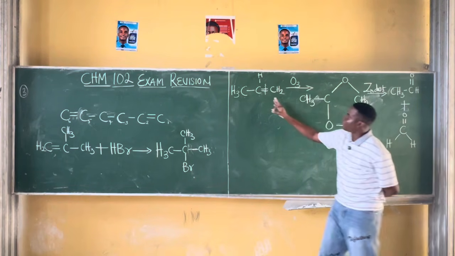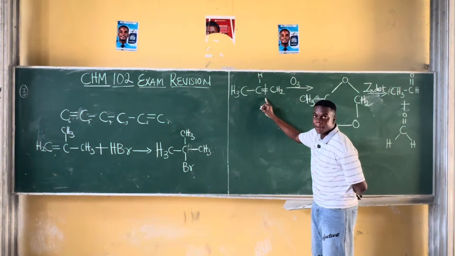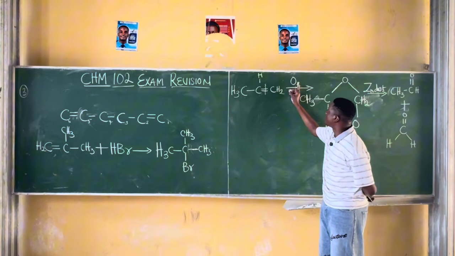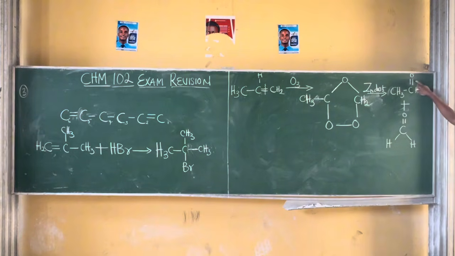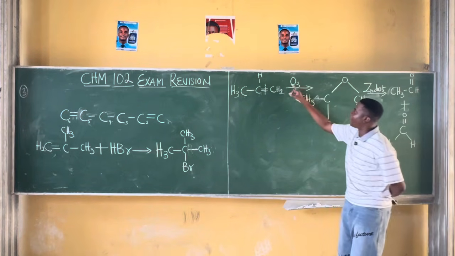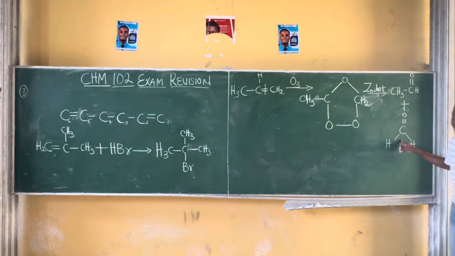Just imagine from this point here, this place is cleaved off. The double bond, one of the oxygen from here attaches to the double bond to form this. Then another oxygen from here attaches to the double bond from this carbon's end to form this. Are you seeing it? Now, what is the name of this compound?